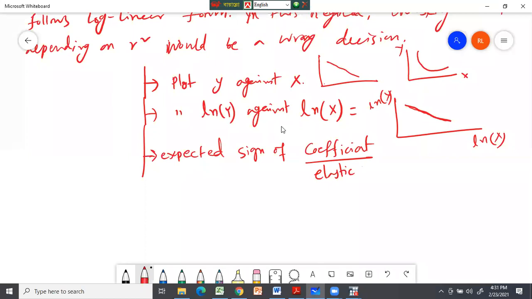Latter model, log linear model, it is known as elasticity coefficient. Okay, একটা হচ্ছে elasticity আর একটা হচ্ছে slope.